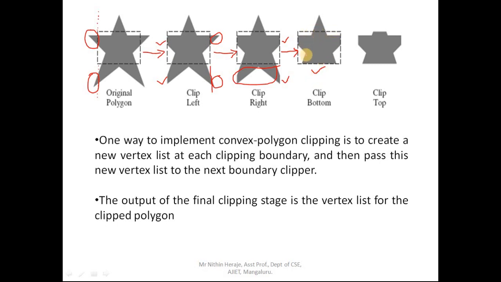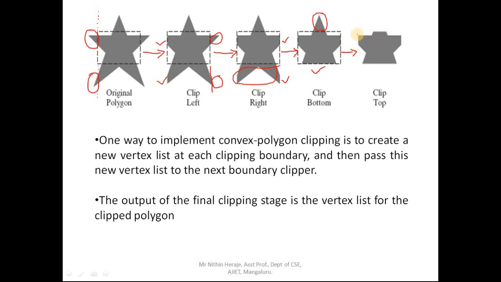Okay, so once this is done, again you are going to give this as the input for top clipping. If you look at this diagram, this is the portion where the top clip has to be done. So you remove this portion and you get this as the final polygon.